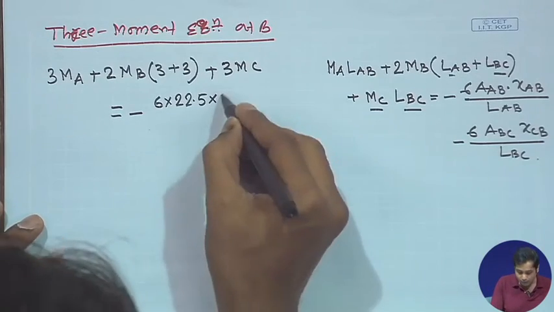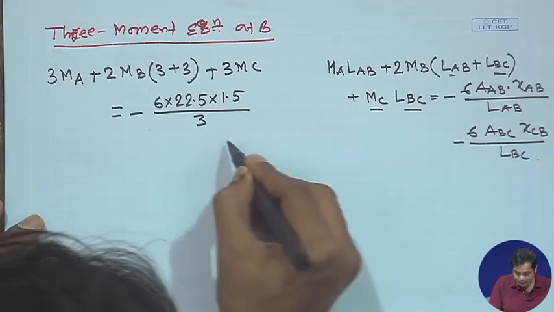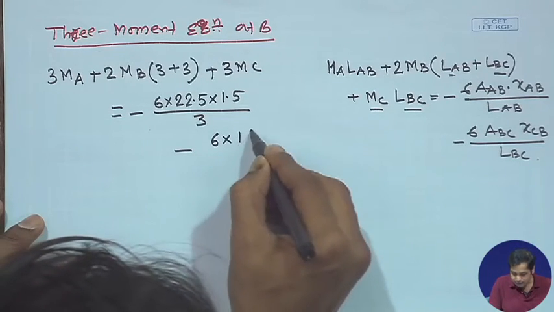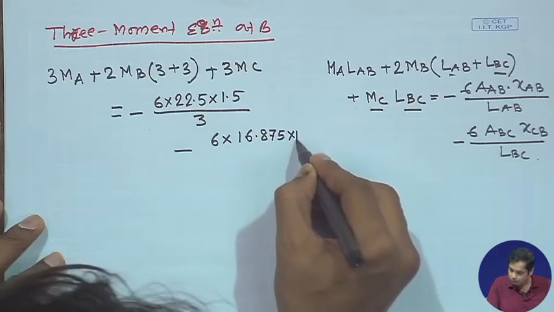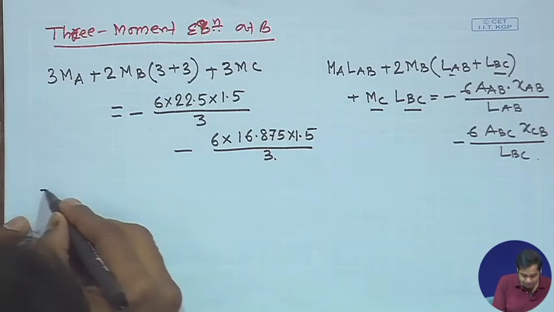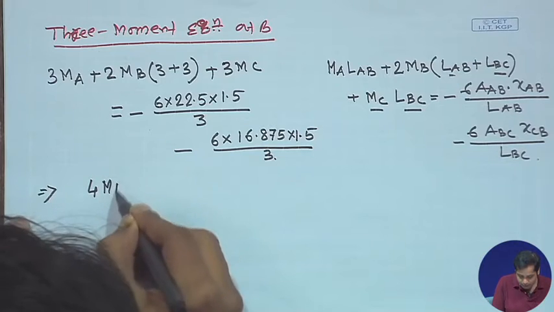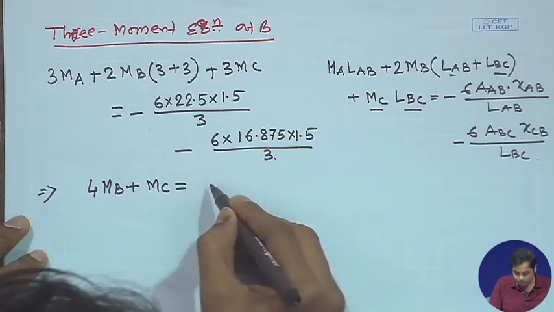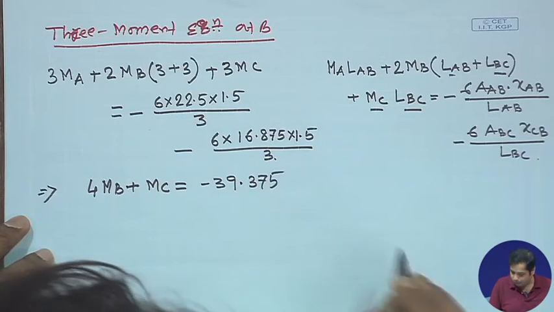So, it is 1.5 and the length is 3, and then minus 6 into 16.875 into 1.5 by 3. So, this becomes 4 MB plus MC is equal to minus 39.375. You can do this calculation.